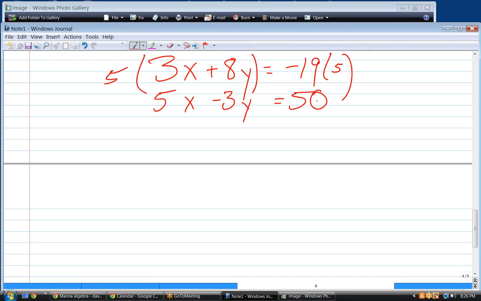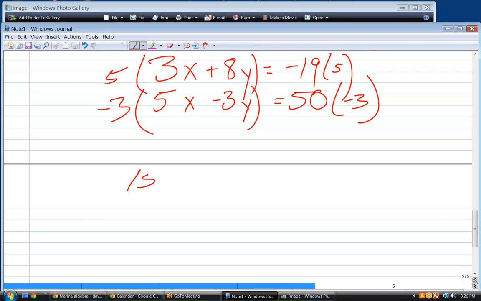Okay. And then the bottom equation by negative 3. Okay, so it does sound like you know exactly how to do it. So I did it right, I just did the last part wrong.